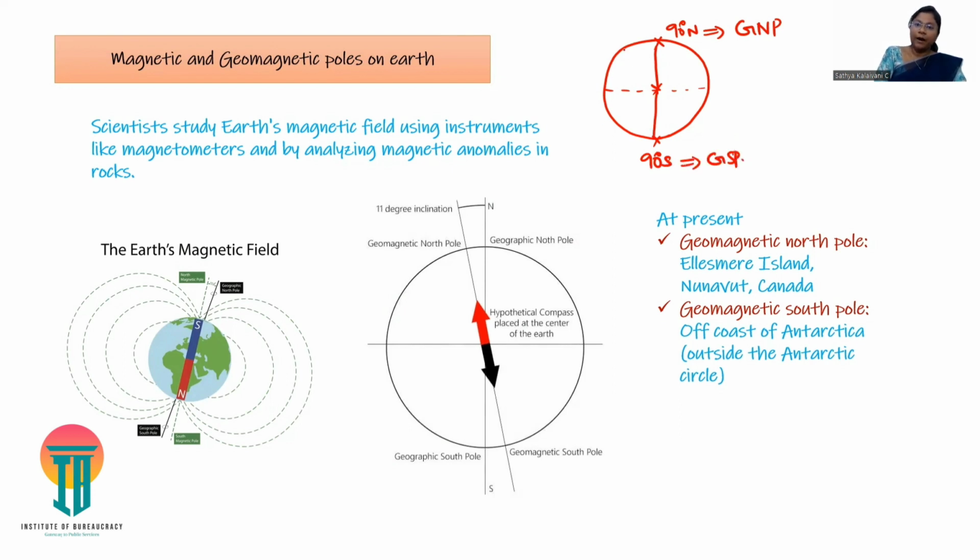Whereas the emergence and convergence of the bar magnet or magnetic field lines happens slightly different from the geographical north pole and south pole. It has a deviation, which we call inclination. Look into the diagram. So my magnetic north pole is slightly deviated from my geographical north pole.